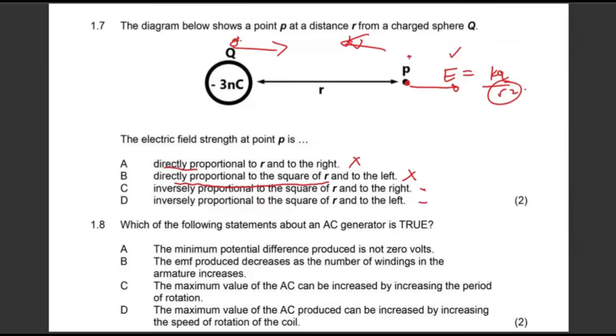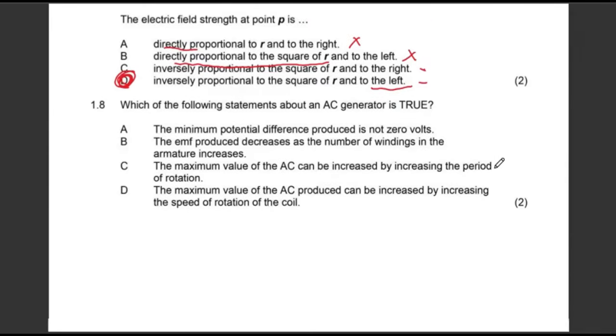Does it make sense? And then this one will work in that direction. So I want to believe that the field at P is going to be inversely proportional to the square of R, and it's going to be on the left of P. Okay, so that is 1.7.